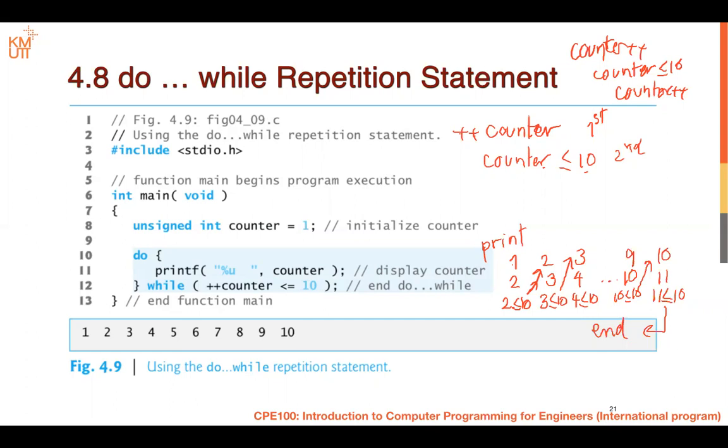Okay, this is the step by step of this program. Now, I suggest that if you have time, you write down this program and then try to check it. This is the step by step program execution: print out and then counter plus plus. You can change to counter minus minus and see the result. The result will not be the same.